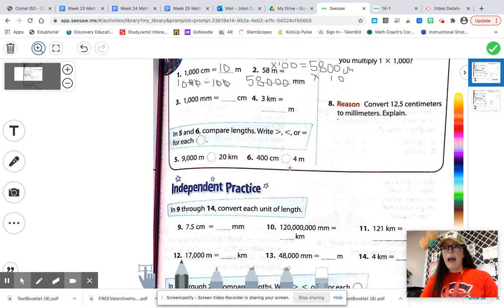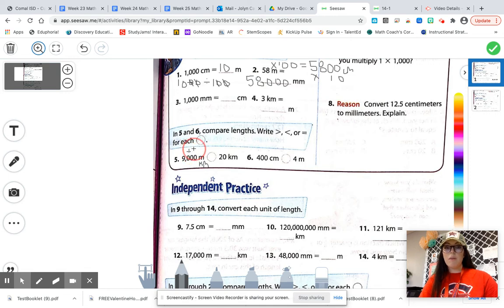So we'll look at number 5 here. So we have 9,000 meters to 20 kilometers. Well, I know that 1 kilometer is 1,000 meters. So if I'm going to change meters to kilometers, I'm going to divide this by 1,000.